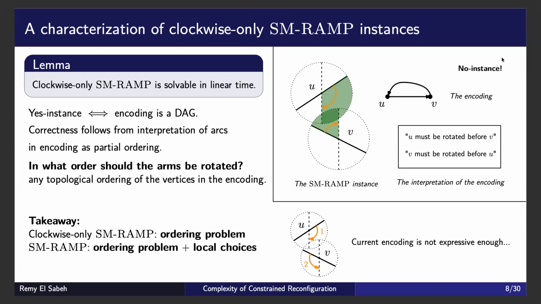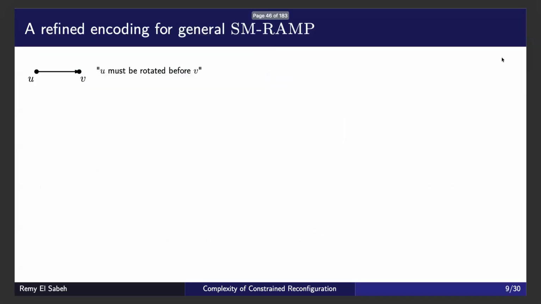So the problem here is that, if we're still looking at the same encoding, it doesn't really seem like it's saying much anymore, because we have a cycle there, but clearly we were able to solve the problem by allowing this extra rotation direction. So we need to be a bit more careful now once we introduce this extra rotation direction. So there are some distinctions to be made.